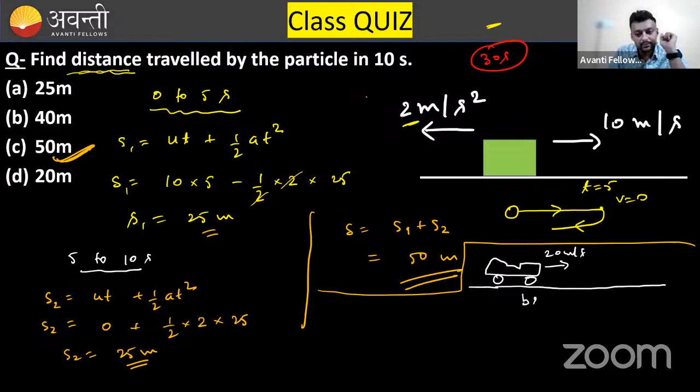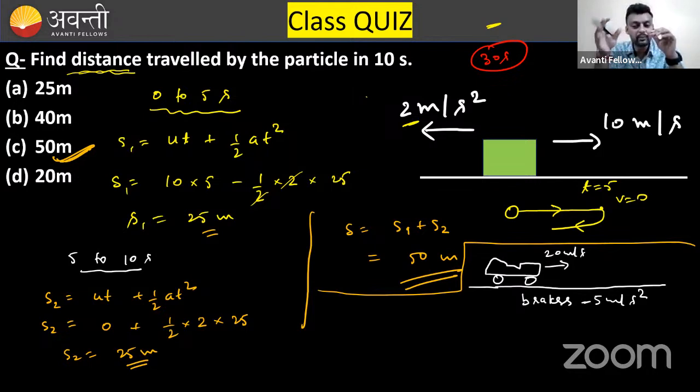When he applies brakes, the retardation that is produced is 5 meter per second square. Clear? The retardation which is produced is 5 meter per second square. So can you say that this is retardation, that is negative?